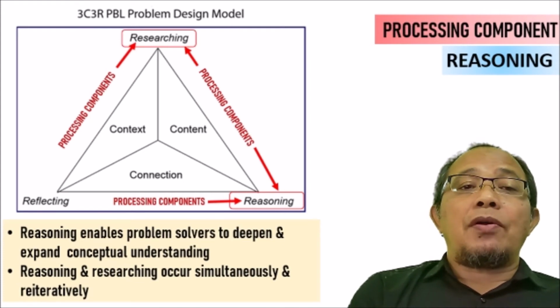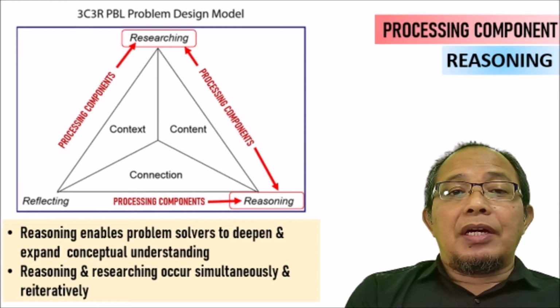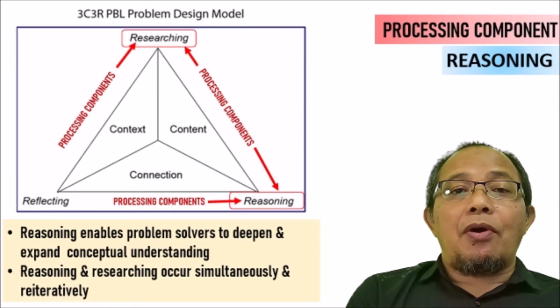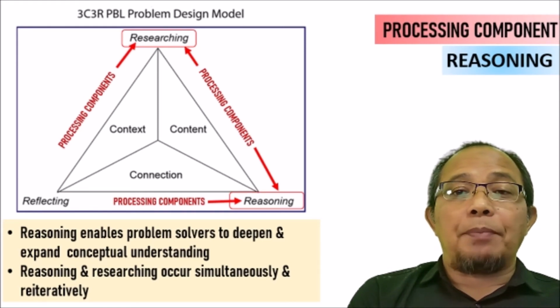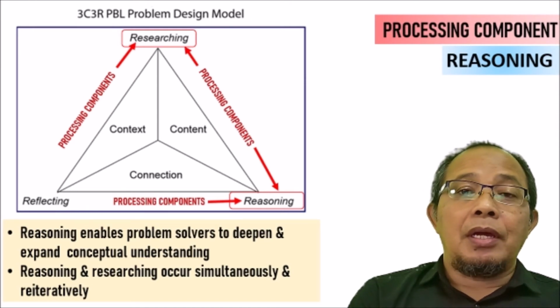By engaging in these cognitive activities, the problem solvers process the somewhat raw knowledge into meaningful, applicable, and conceptually integrated knowledge. In essence, the reasoning process enables problem solvers to deepen and expand their conceptual understanding.